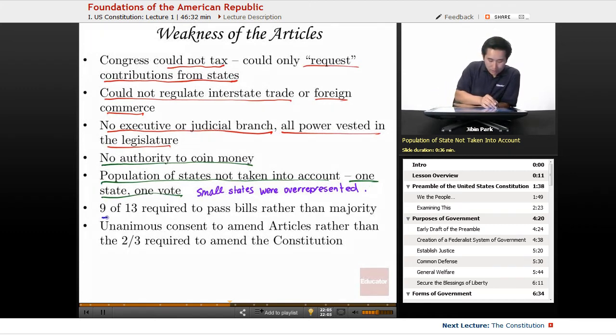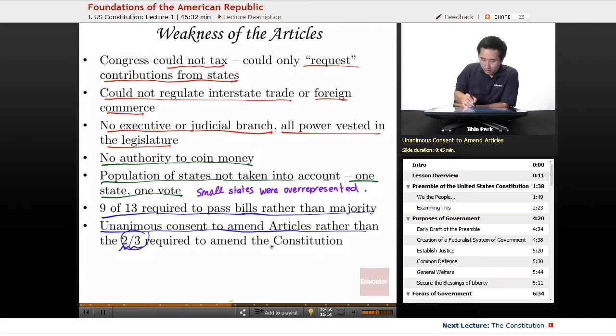And finally, 9 of 13 required to pass bills rather than a majority. In addition to that, unanimous consent to amend the articles rather than the 2/3 required by the Constitution.